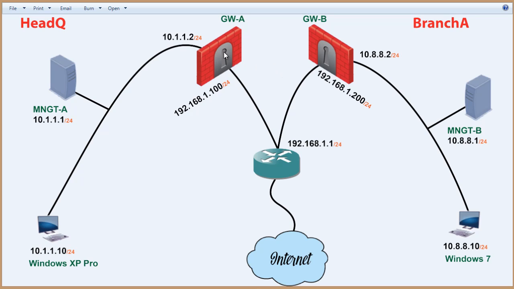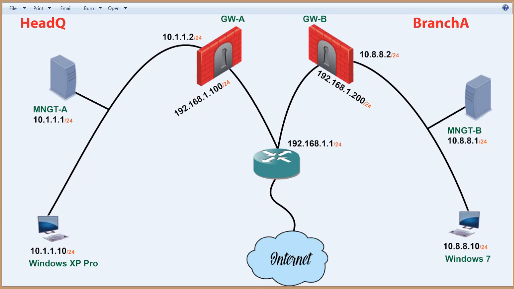So make sure that they're both synchronized, that the clocks or the time is synchronized. Now these two firewalls, because they are virtual, they pick up their time from my actual machine, my Windows 8, which runs all this virtual environment. So I know that their timing is exactly the same.